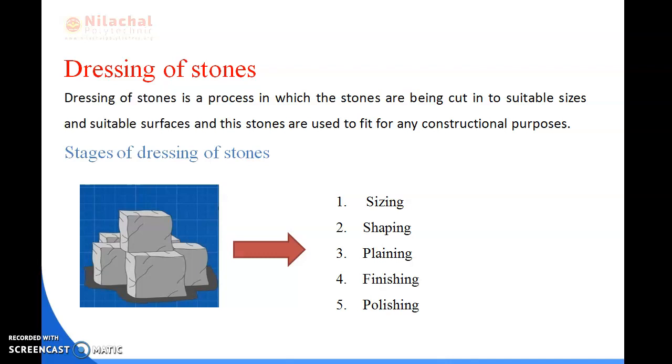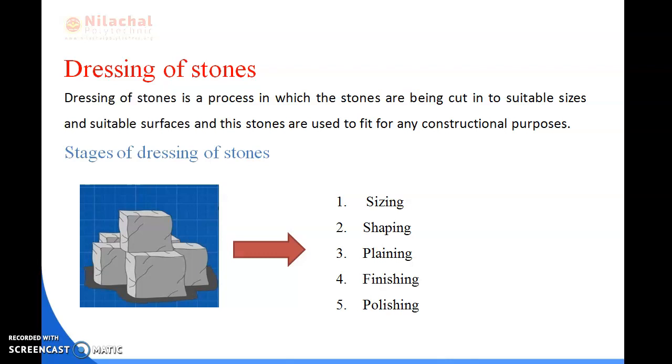Next is shaping. Shaping means once it is cut in desired dimensions, extra projections are removed to shape the stones. Okay. Next is planing. Planing is one of the processes of removing irregularities from the stone surfaces. Next is finishing.